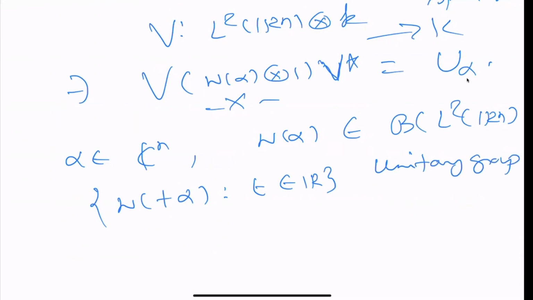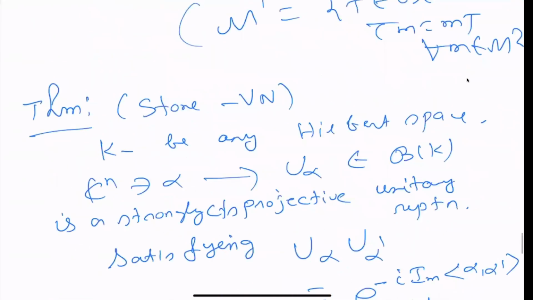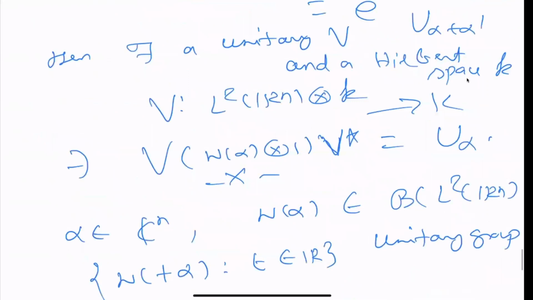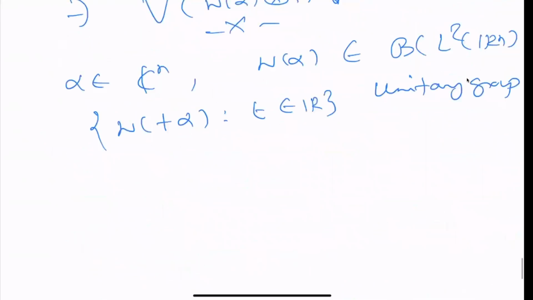Because W of T alpha times W of S alpha is going to be W of S plus T alpha, because there is no imaginary part between them. So it satisfies this Weyl relation because the imaginary part is 0 between T alpha and S alpha. So it's going to be a unitary group.